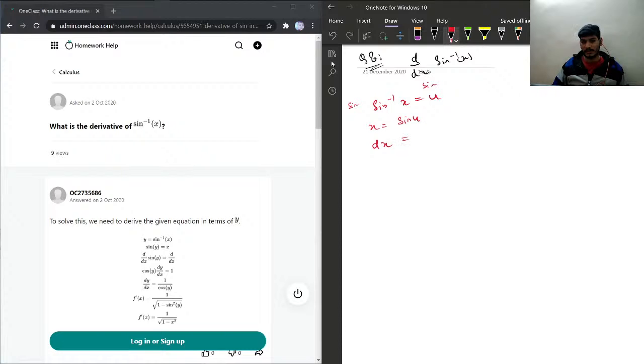Dx will be, derivative of sine will be cosine u du. Then I'll just divide by du on both the sides. This will become dx over du will be cosine of u, and now basically I need to find du by dx.